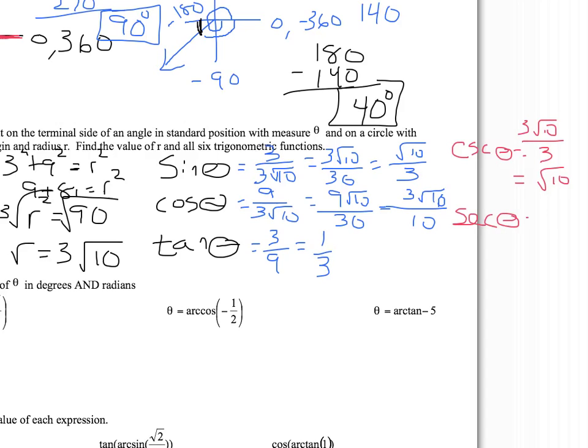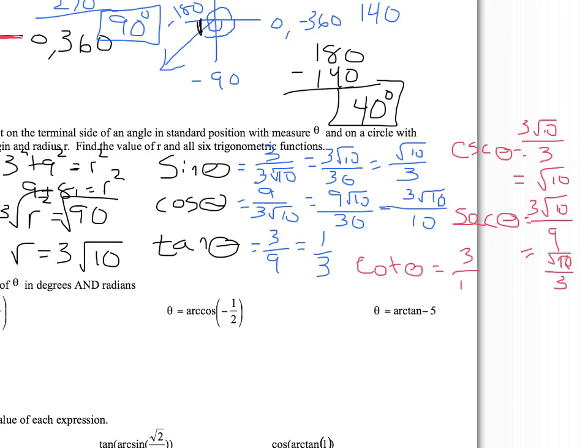Secant is the reciprocal of cosine, so I'm going to flip the very first fraction, that's the easiest. That's 3 radical 10 over 9, and reduce it to radical 10 over 3. And finally, cotangent. Flip the tangent, flip the last one, 3 over 1.